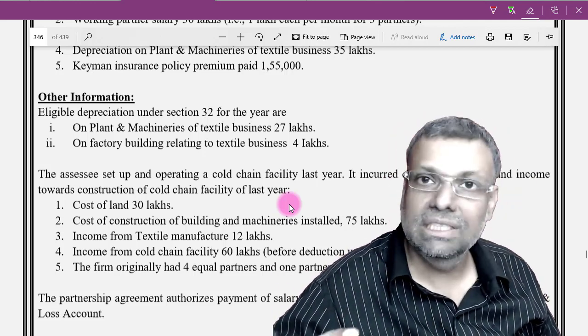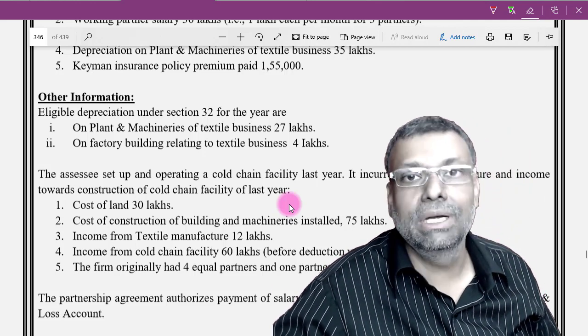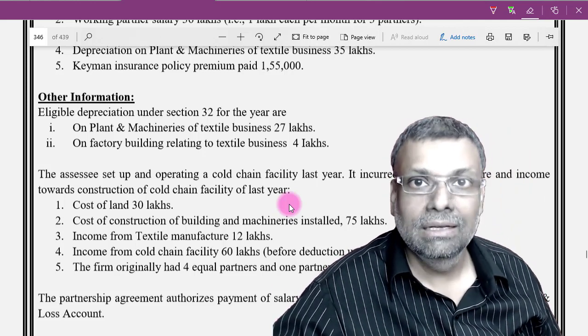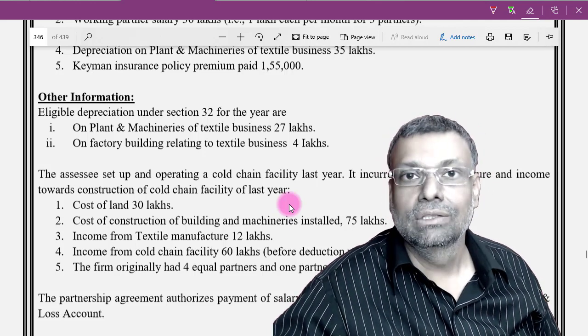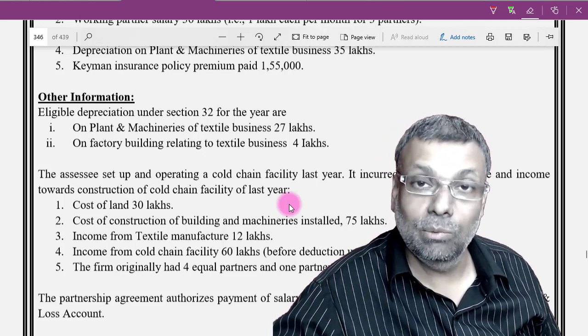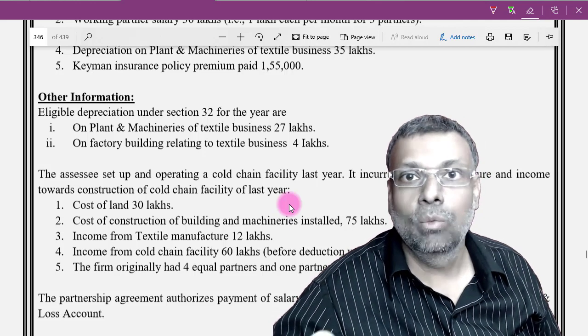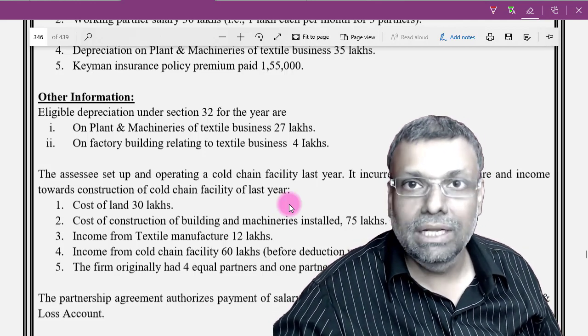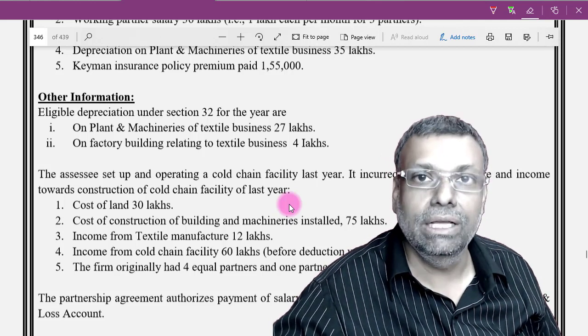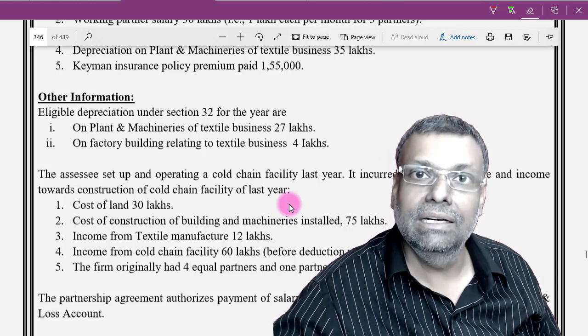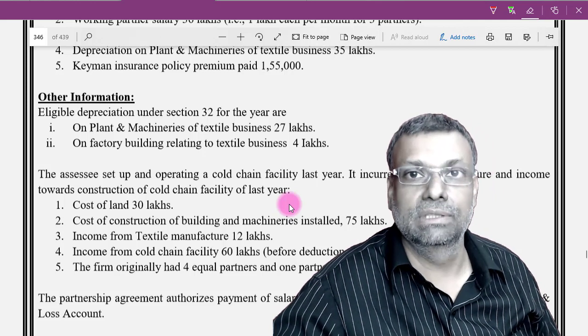That means there should be a separate company doing only that particular business, so that in the tax assessments you do not have any complications. If any question asks you, you should advise keeping it in a separate legal entity that does only the eligible business.